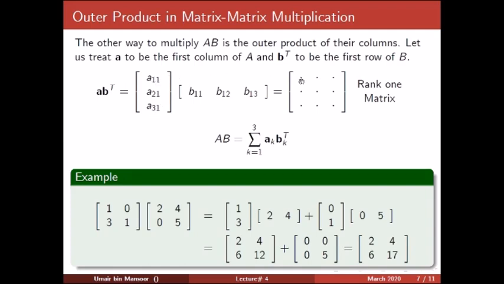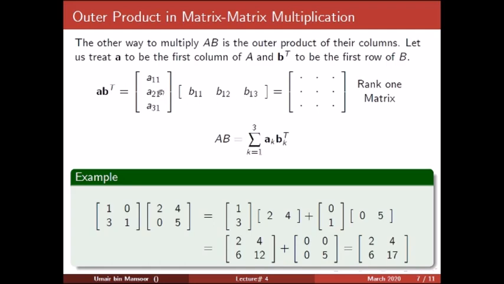The new column that is being made is a scaled version by B11. The next column is scaled by B12. The third column is scaled by B13.